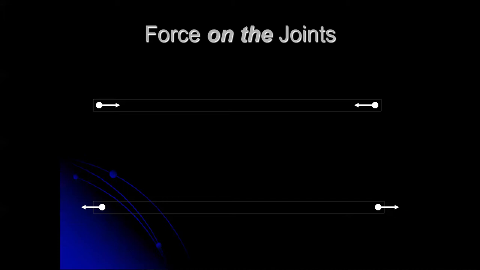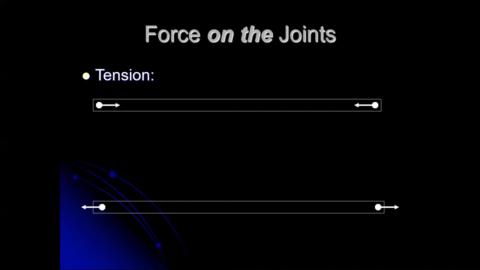When things are in tension, they tend to pull their supports inward. Only things in tension can shrink and go back to a smaller size. So what we're looking at in the method of joints are the forces on the supports, on the pins. And in tension, the pins are drawn inward. So that top picture illustrates tension from the point of view of the pins.